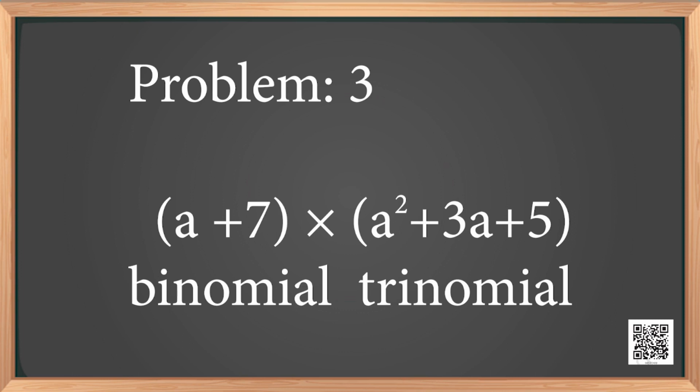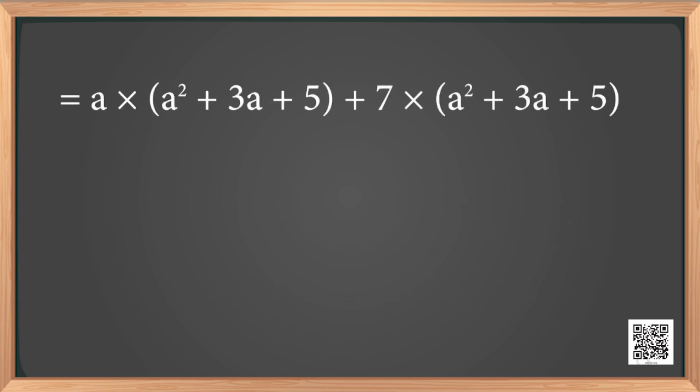where a plus 7 is a binomial, a square plus 3a plus 5 is a trinomial, which is equal to a times a square plus 3a plus 5 plus 7 times a square plus 3a plus 5.